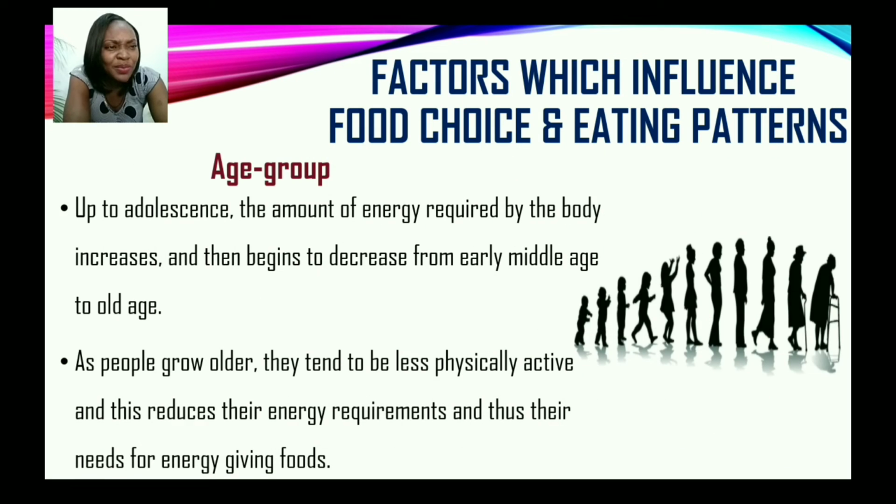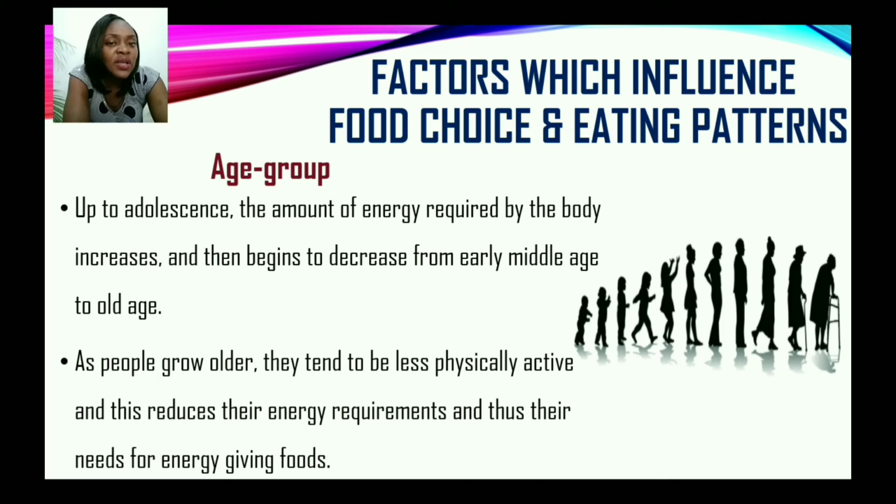Now, age group. How does your age determine or influence your food choice? Now, up to adolescence, the amount of energy required by the body increases and then begins to decrease from early middle age to old age. As people grow older, they tend to be less physically active, and this reduces their energy requirements and thus their needs for energy giving foods.